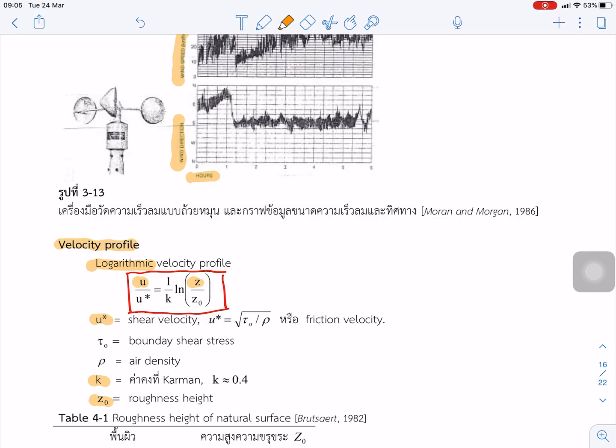And u star can be estimated from the boundary shear stress divided by density.